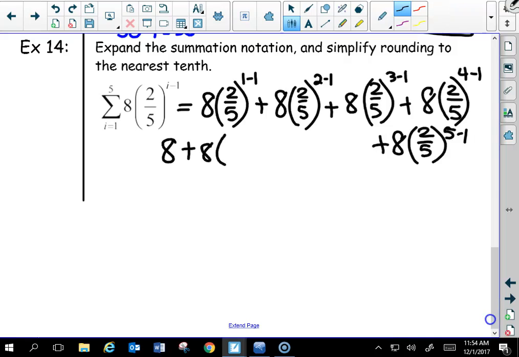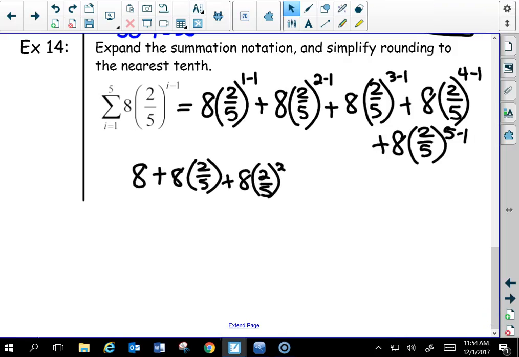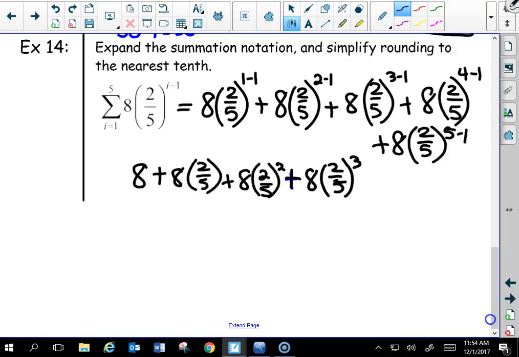Plus 8 times 2/5 to the 1 power, plus 8 times 2/5 squared. Plus 8 times 2/5 to the 3rd power, and last 8 times 2/5 to the 4th power.